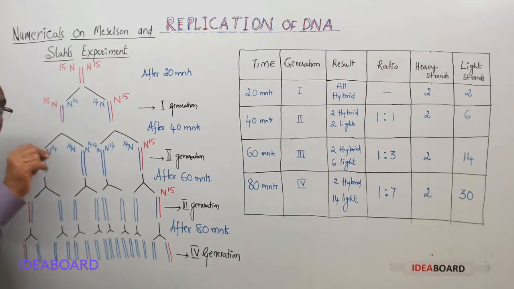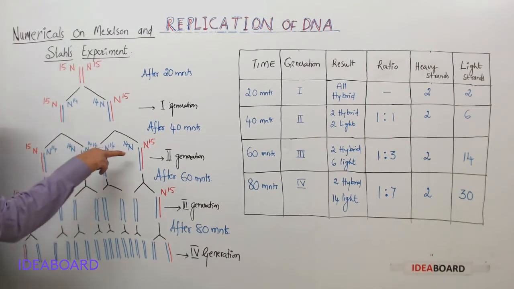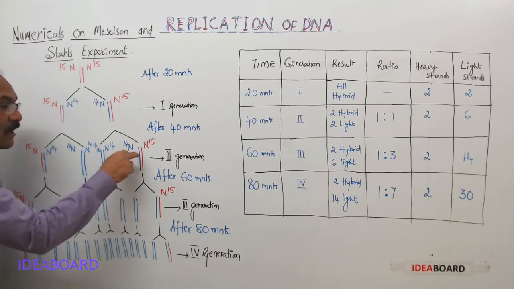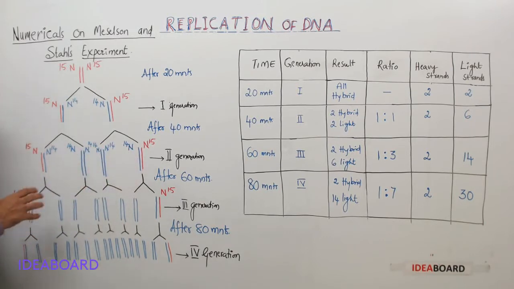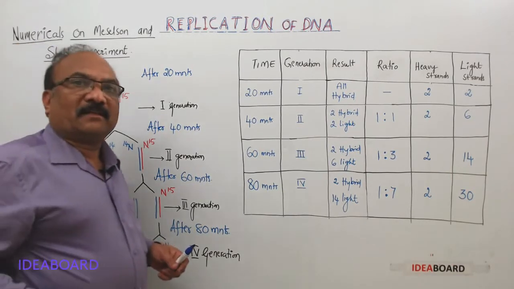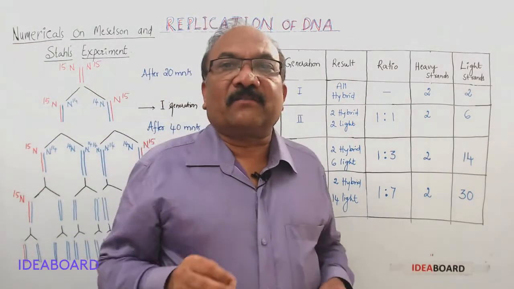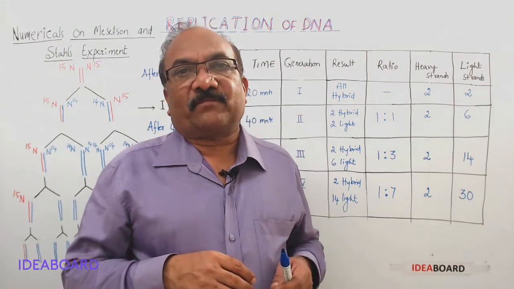But here the N15 strands remain the same, while light DNA, or N14 strands, are increasing. So after the second generation, they confirmed it is semi-conservative, not dispersive.